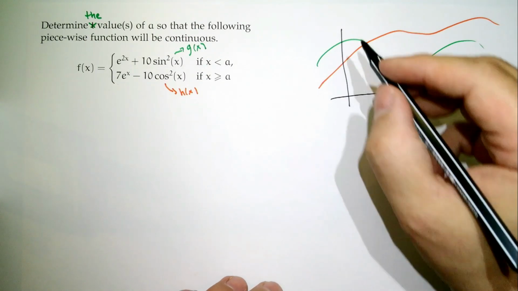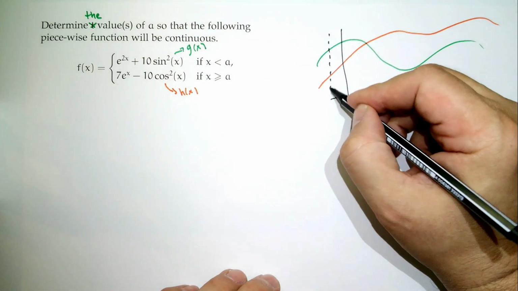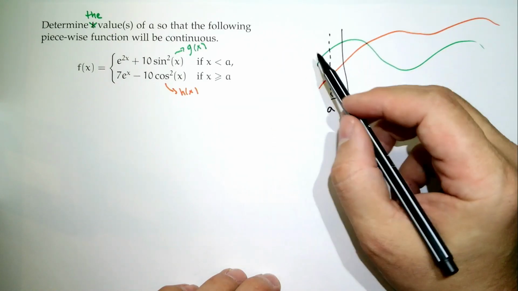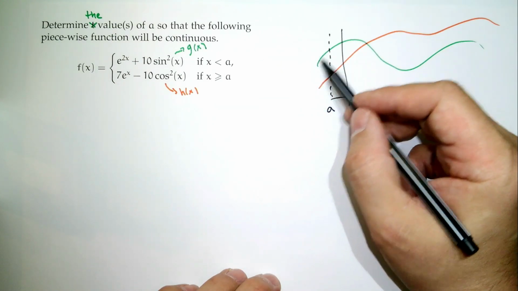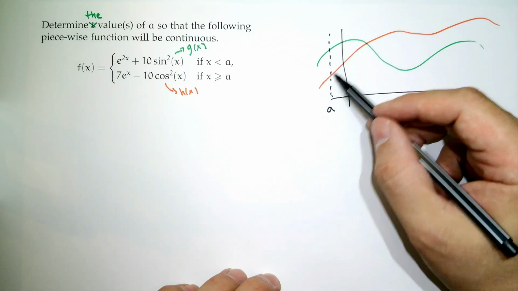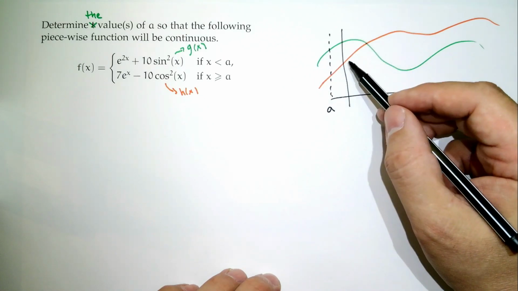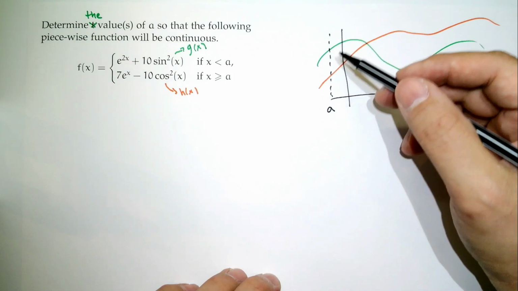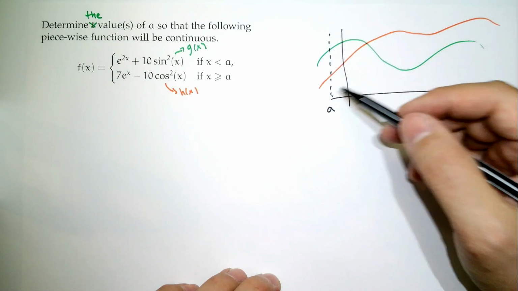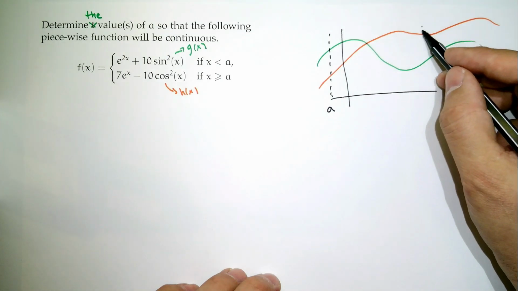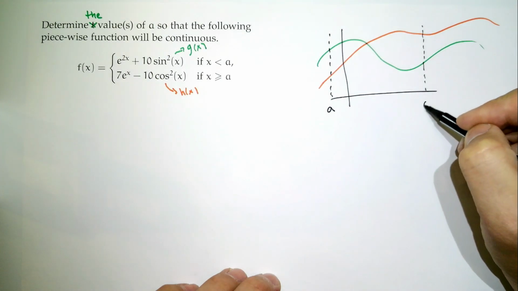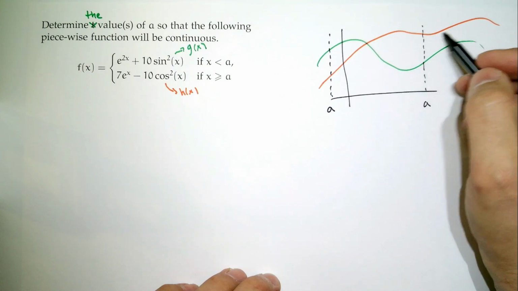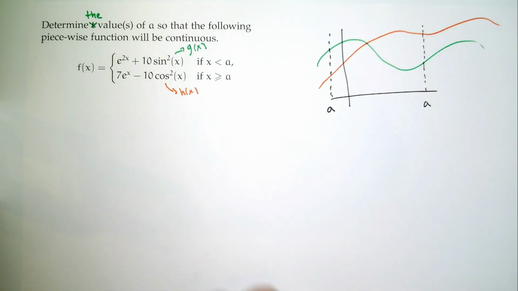If I put a cutoff over, say, here, that would be bad, because from the left, I'm on this green part. From the right, I'm on this orangey, reddish part. Is that continuous? No, the green is up too high compared to the orangey, reddish part. Over here, that's also a bad choice. Again, the green part is not matching up. So what do we need to do?